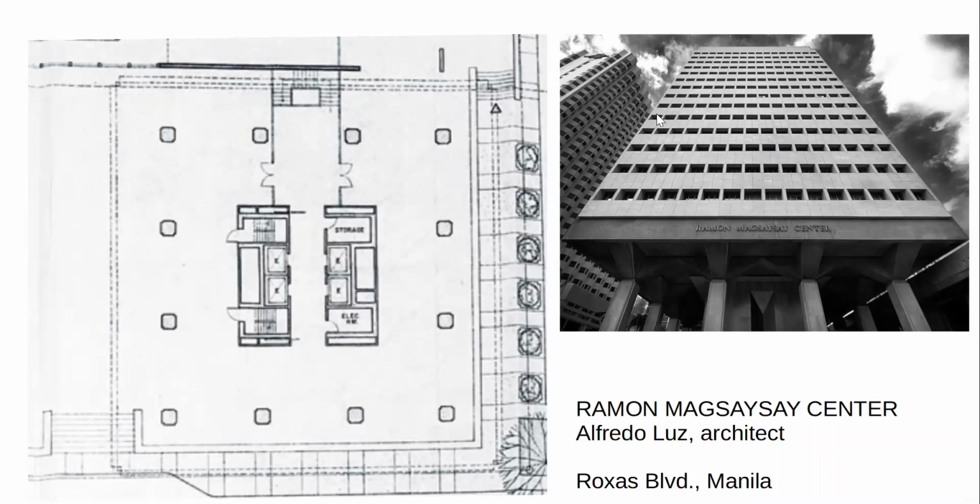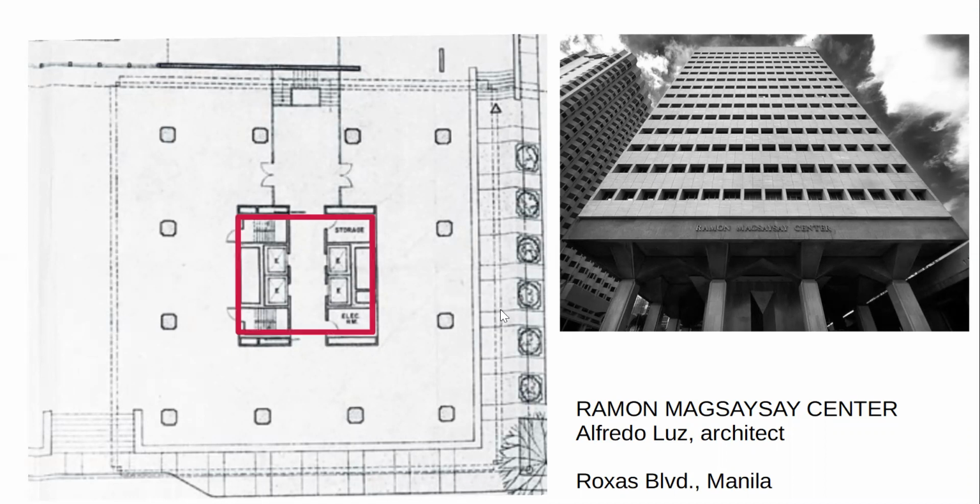So the typical floor plan of the building is square, and the building is propped up by 12 columns spaced around 8 meters apart, and there is a 4-meter cantilever all around.